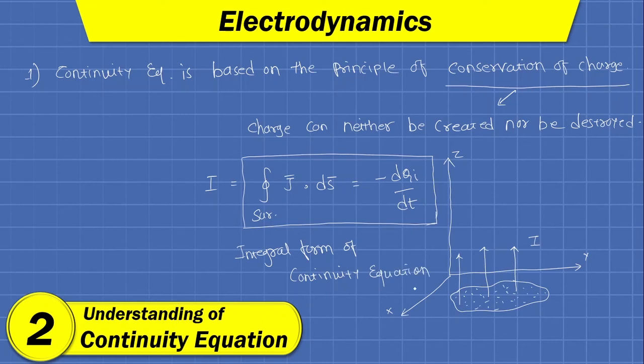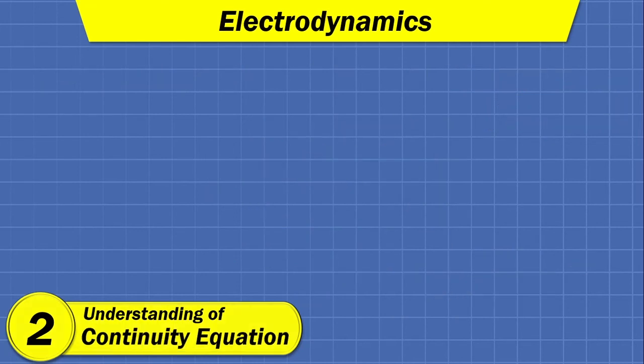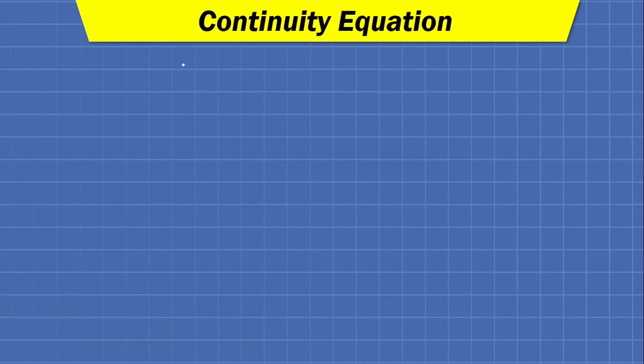But we can have further derivation of this equation. So the very fundamental continuity equation that we have got is I equals the closed surface integration of J bar dot ds bar equals negative dqi by dt, that is the decrement. Fine. We have the divergence theorem. We have already derived that theorem in previous videos.